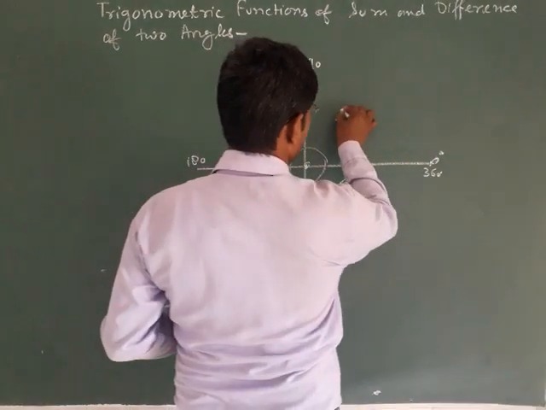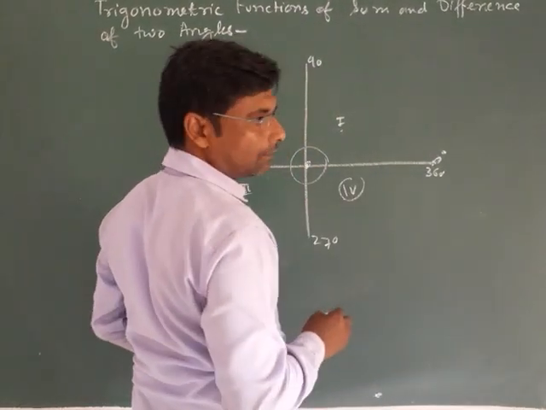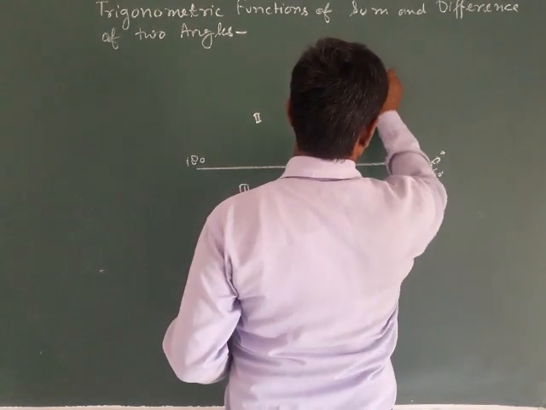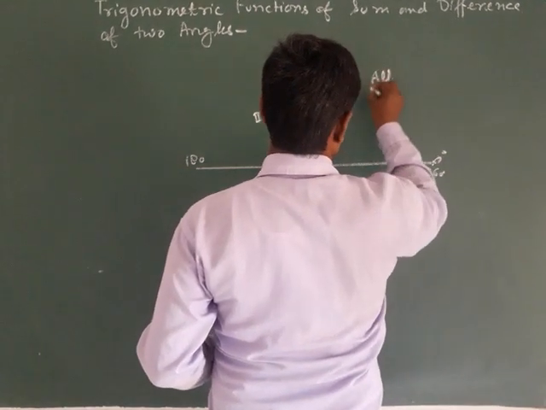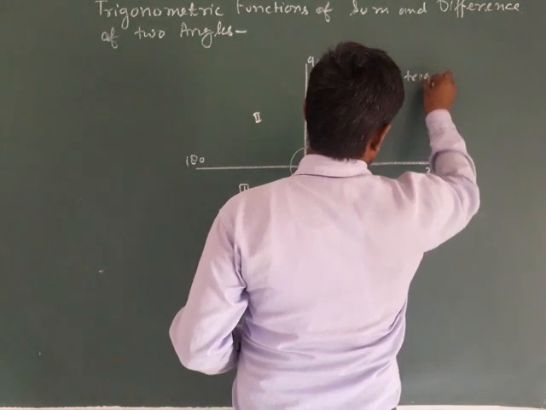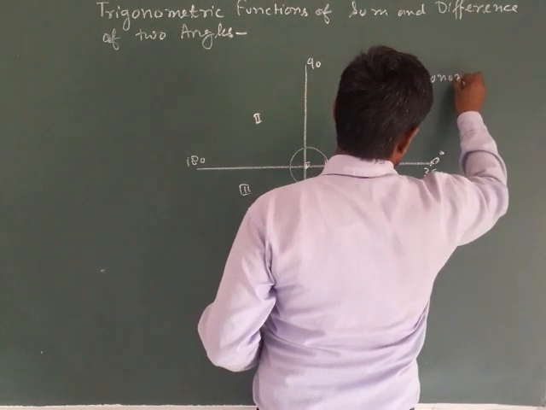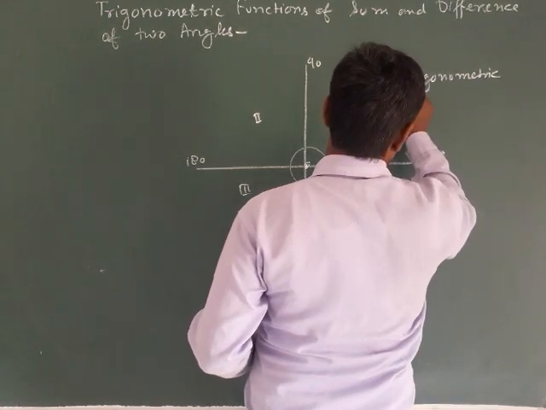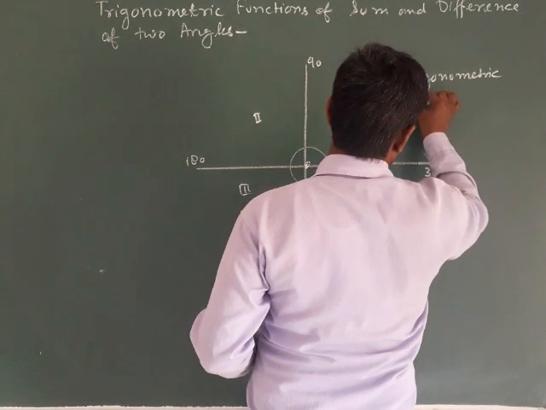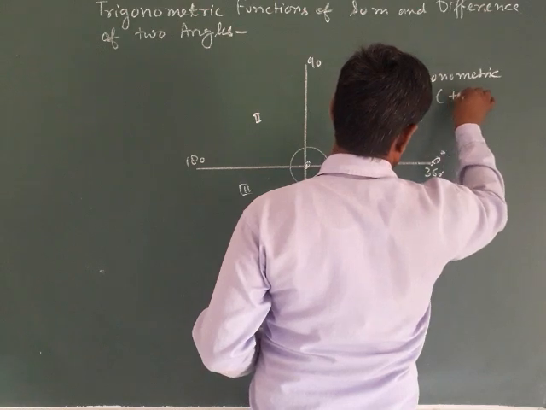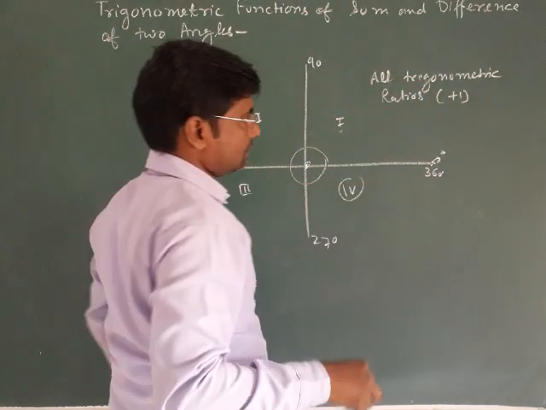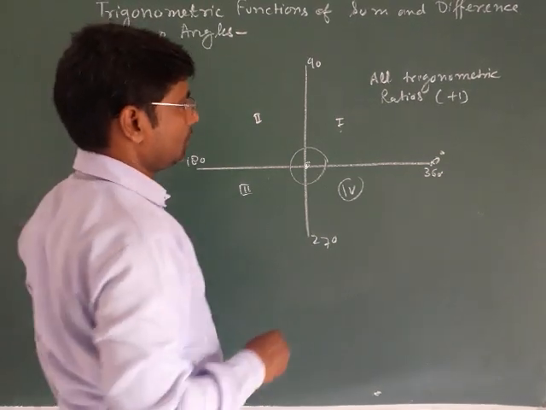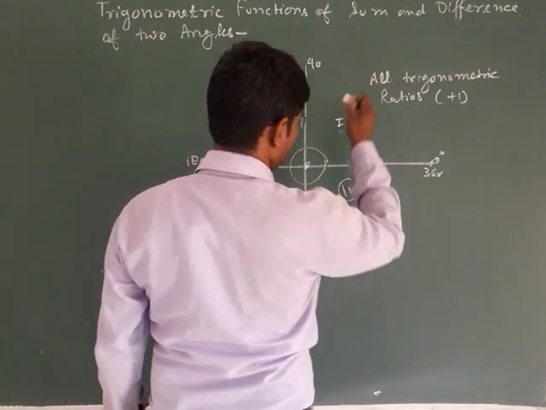In the first quadrant, all trigonometric ratios are positive. There are six ratios of trigonometry, and all these values are positive.